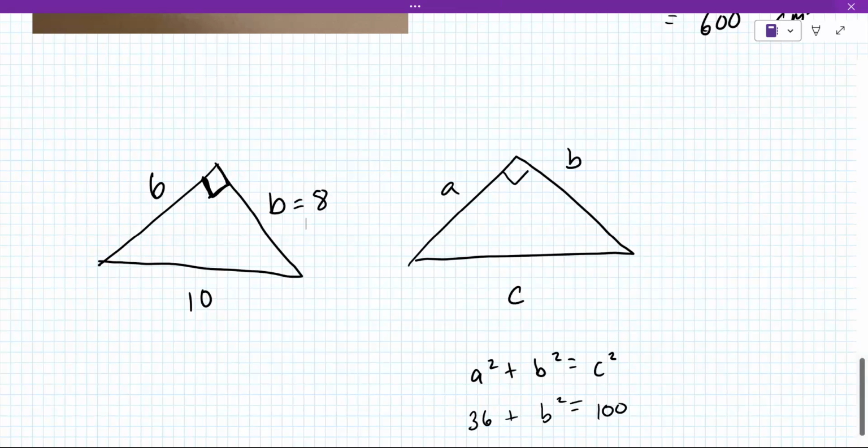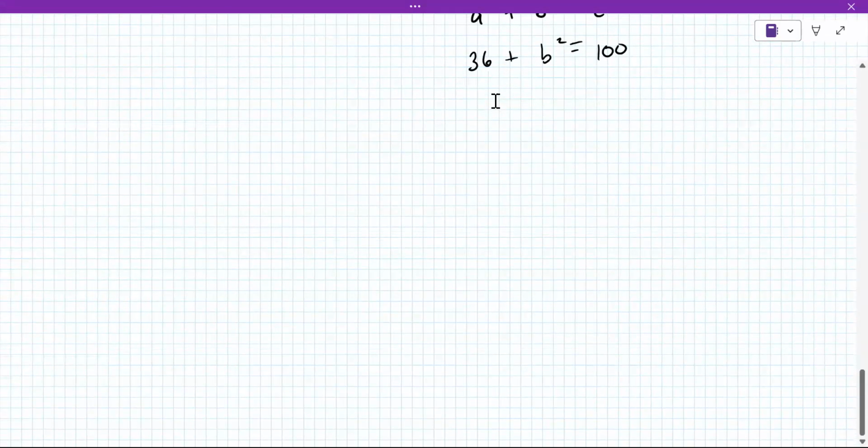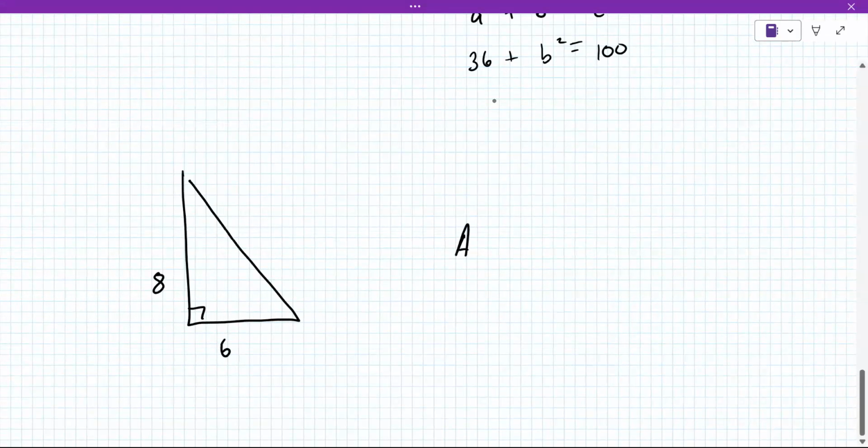All right. Now, let's say I give you a triangle that looks like this. 6 and 8. I want you to find the area of this triangle for me, please.